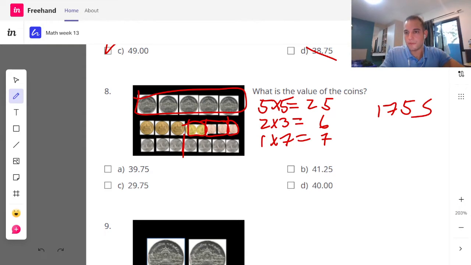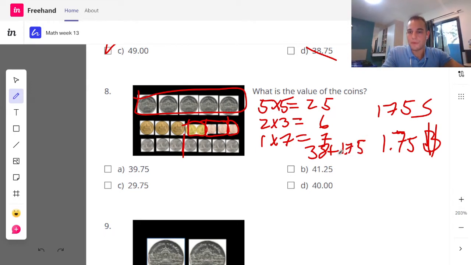So that equals 1.75 baht. Okay, so let's add this up. 6 plus 7 is 13. 13 plus 25 is 38. 38 plus 1.75. So 38 plus 1 is 39. Plus 75, we have 39.75.